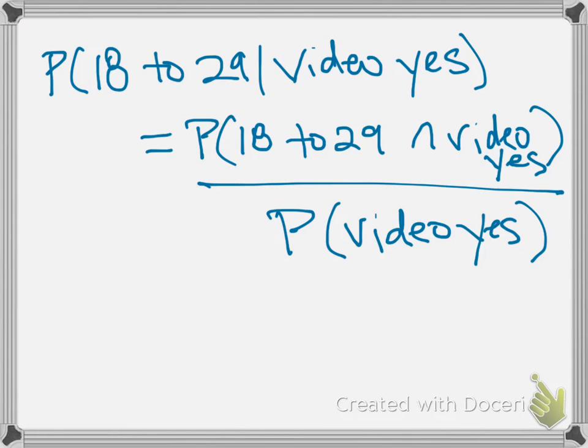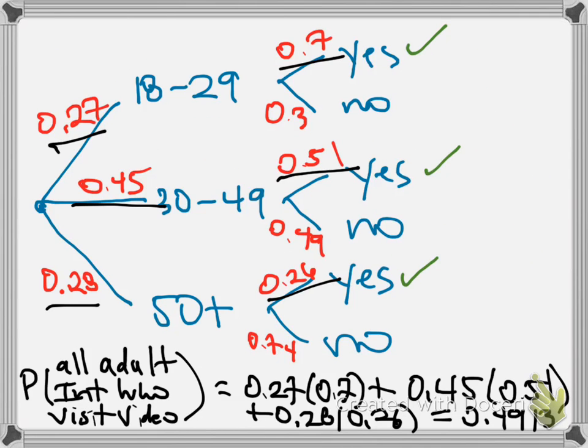What we need to do, though, is calculate the probability that an adult internet user is both ages 18 to 29 and said yes to watching videos on the internet. So in order to do that, we're going to have to go back to our tree diagram. And this shouldn't be too complicated, because all we need to do is read that branch of the tree that we're interested in.